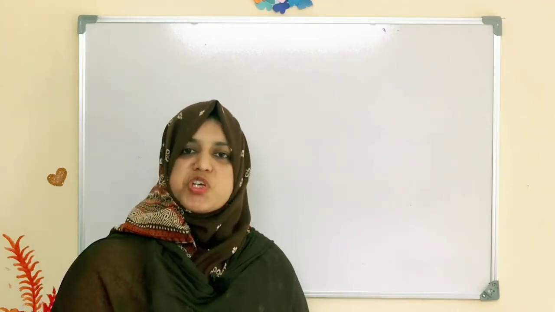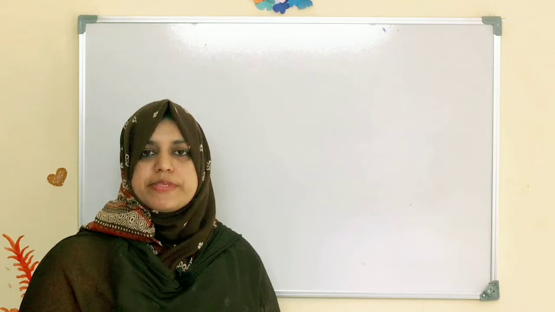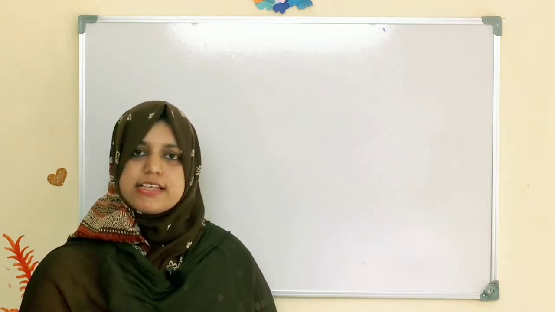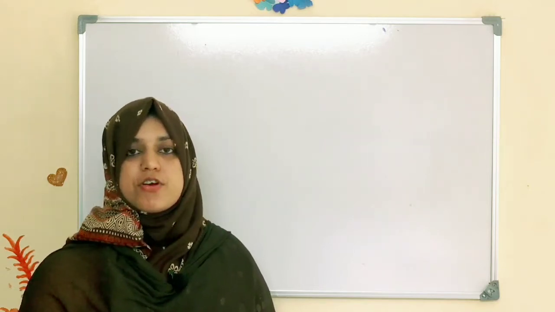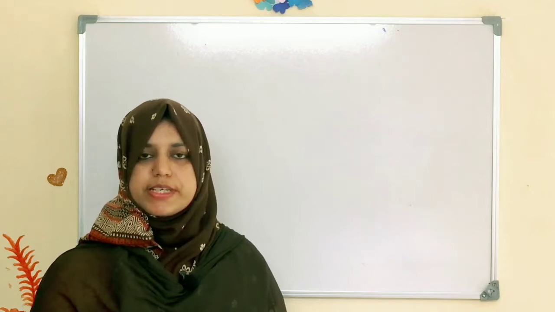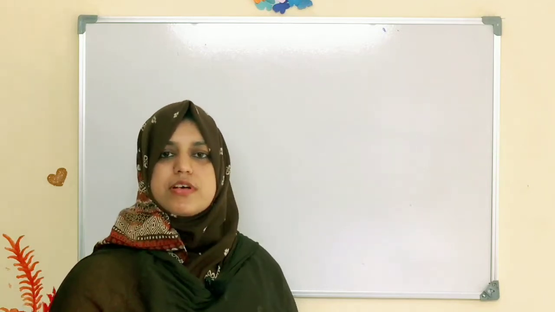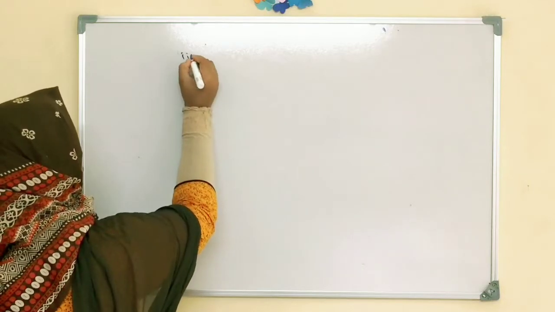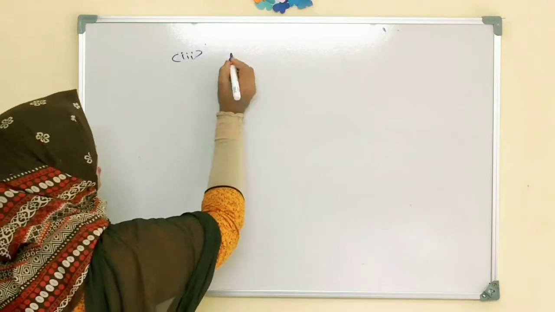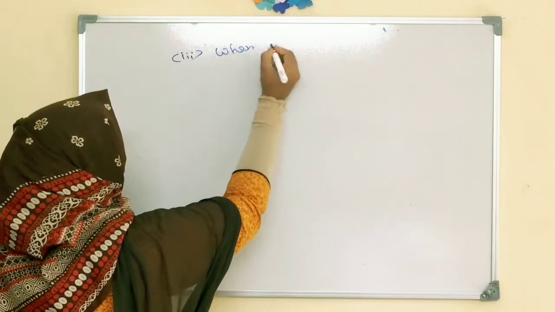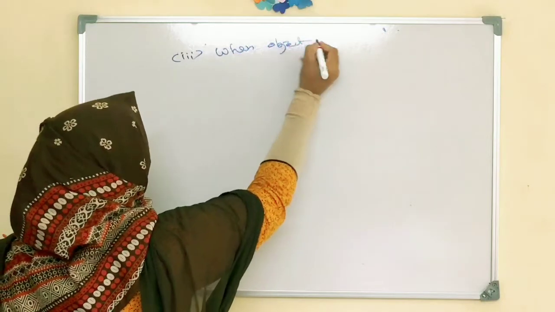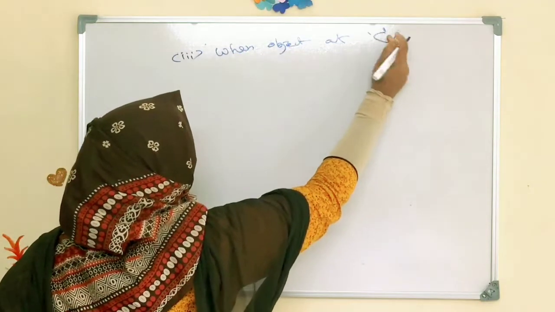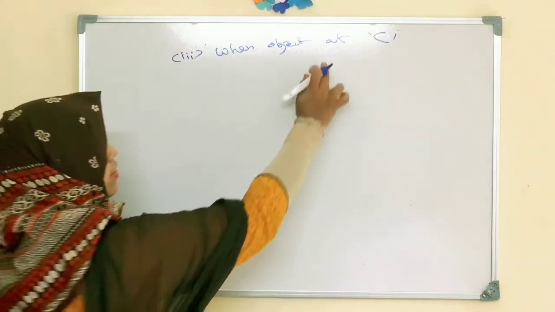The third position is when the object is at C itself, at the center of curvature of a concave mirror. Third case, or third position, is when the object is at C, at center of curvature.